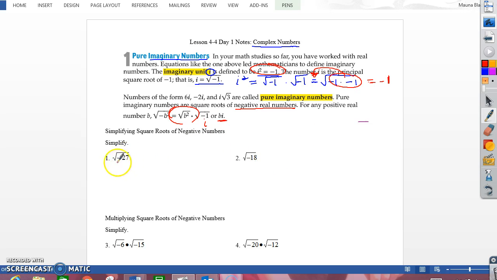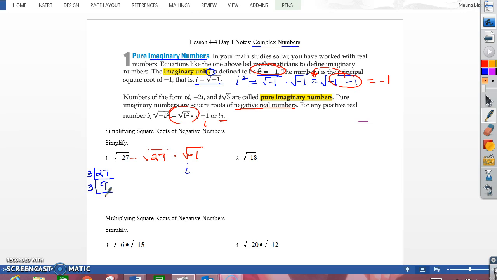Okay? So here's how they work. If I have the square root of -27, we take what we just looked at and break it down into the square root of 27 times the square root of -1. I know the square root of -1 is going to be i, and then I can break 27 down into primes, doing your little upside down division thing. A prime number that goes into 27 is 3, and we get 9. 9 is not prime, so we keep going.